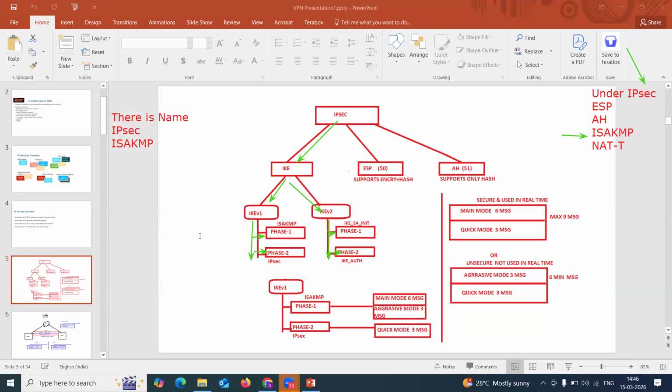Sushil means peace, right? In the same way, IPsec or ISAKMP is a protocol, not a name, but somewhere IPsec and ISAKMP is used as a name, not as a protocol. Two different things. Please understand what I'm trying to tell.